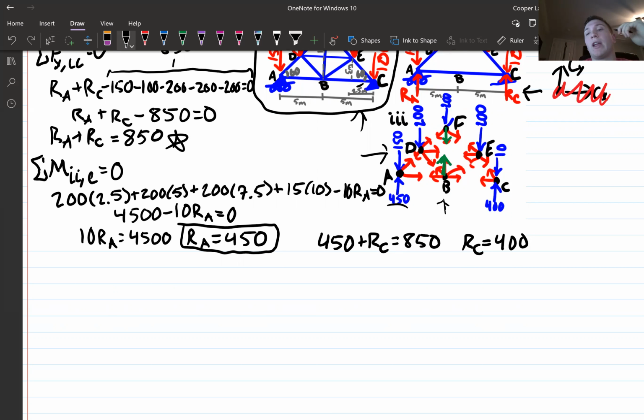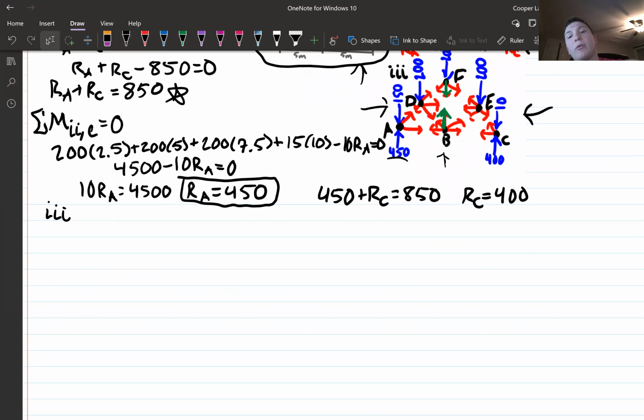So now we're going to be moving on to this, and therefore I'm just going to state right here that we are going to be using diagram 3 for the rest of it. Now I've already written in what our r sub a value is and our r sub c value is, which means that when I actually go to solve these, I'm going to want to start from either point A or point C. I'm going to choose point A, because this way limits the amount of unknowns we have.